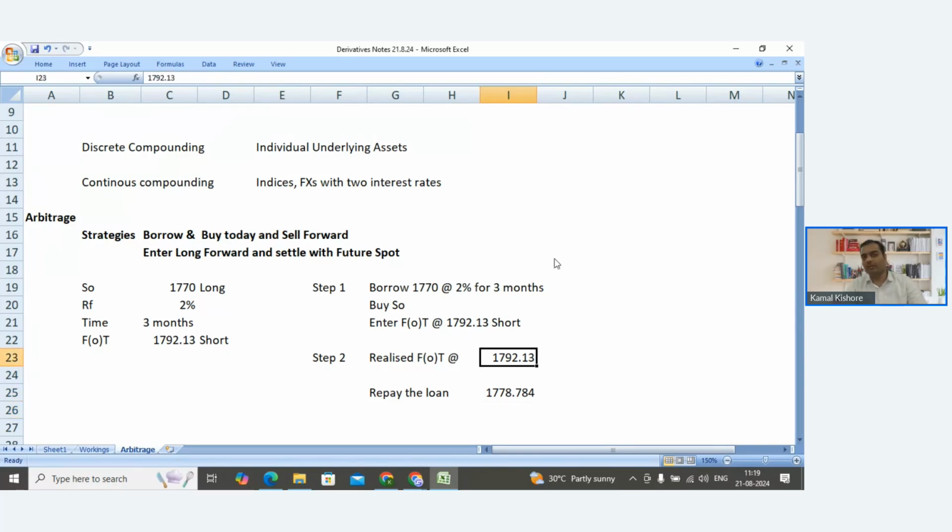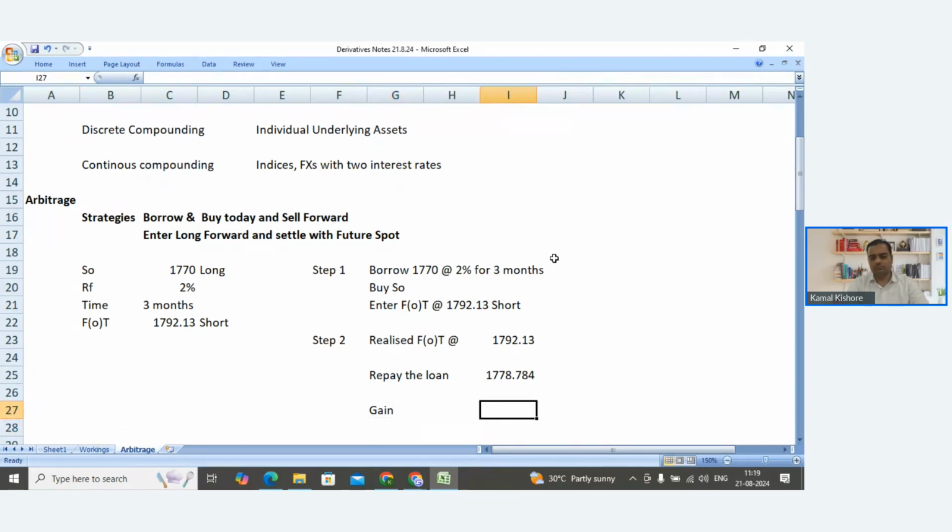Remember, this will be multiplied by 100, but we are doing it for 1 unit only. So now, what is the gain or loss here? $13.34. Now, this is the arbitrage gain. Now, what will happen?